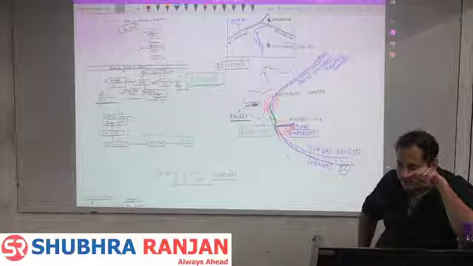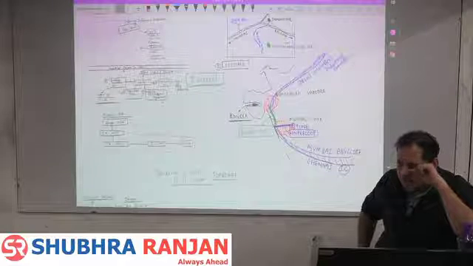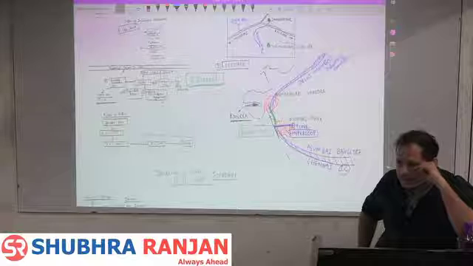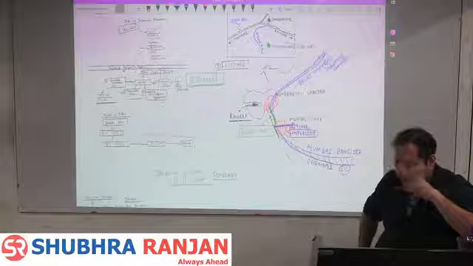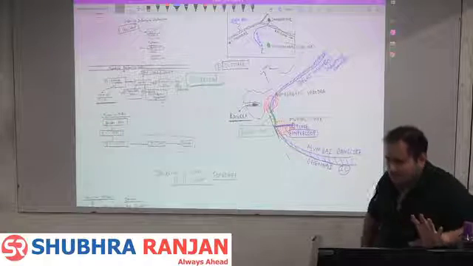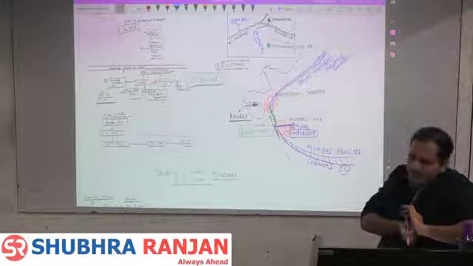Has it been done in GS? Industrial corridors? Not obviously in this much detail, but what are the major industrial corridors you have done, right? That is required. Obviously in optional we do in detail.